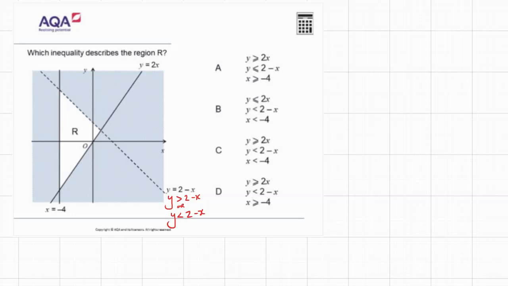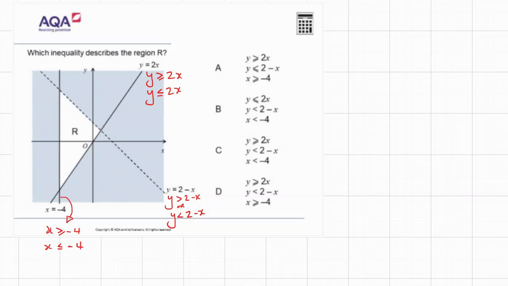Because this is a block line, I'm expecting a greater than or equal to sign or a less than or equal to sign, depending on what region they've shaded in, which we will check in a bit. And this line here is x equals minus 4. Because they've drawn a block line, a solid line, no dashes, I'm expecting that inequality or this inequality.